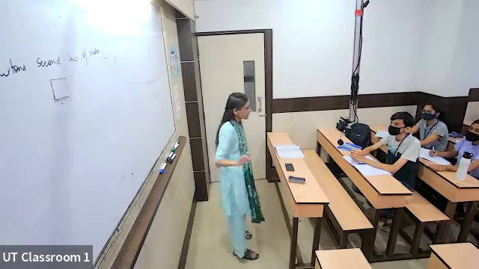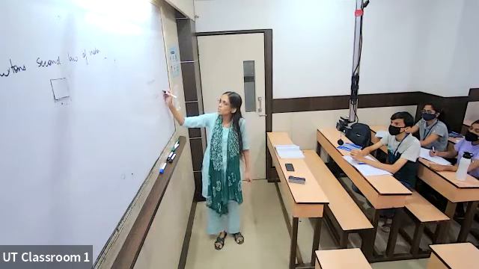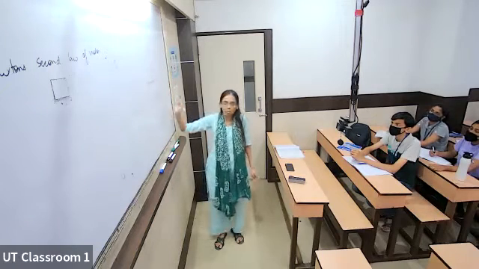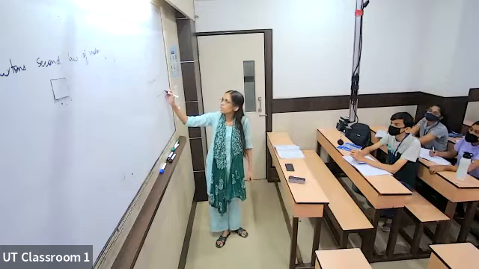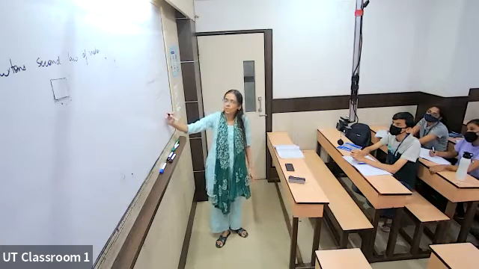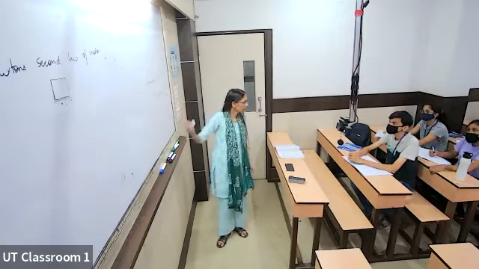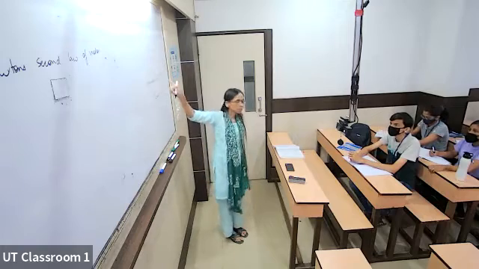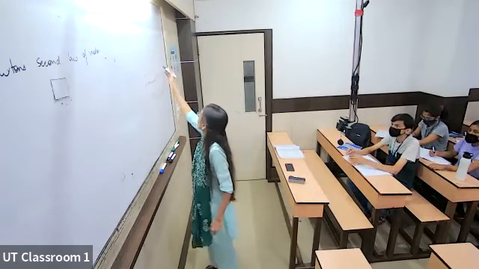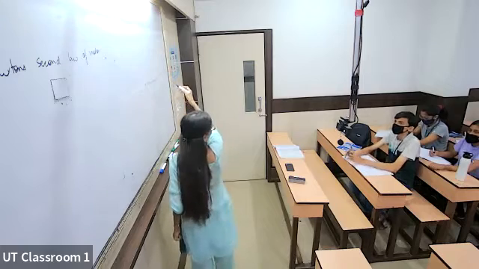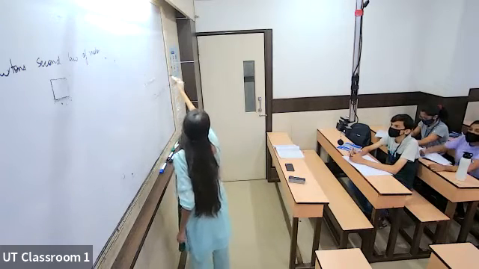This is the SI unit of measurement of mass. So the SI unit of momentum is what? Meter per second. Okay? That is the SI unit for momentum. This is the idea of momentum: the momentum of any body is the product of mass and its velocity.